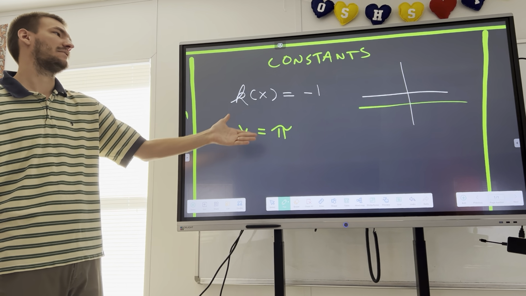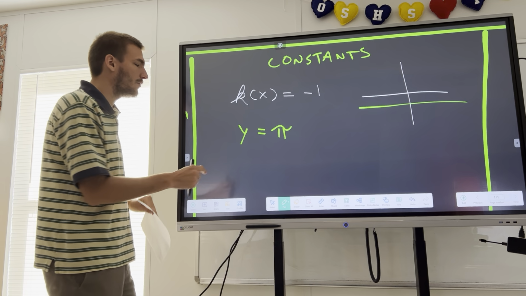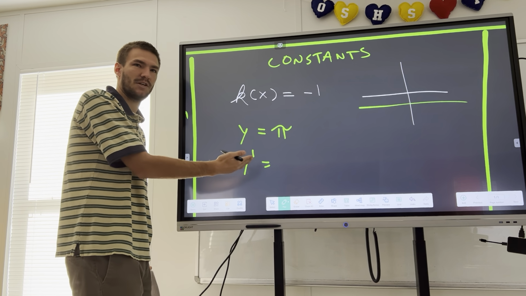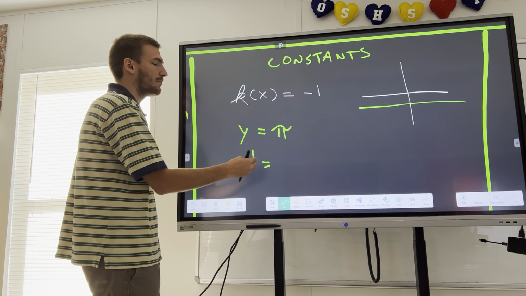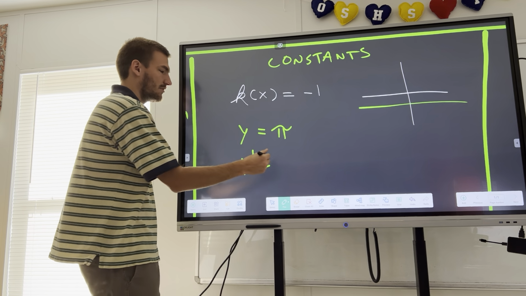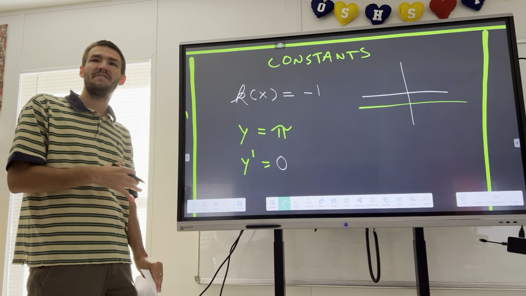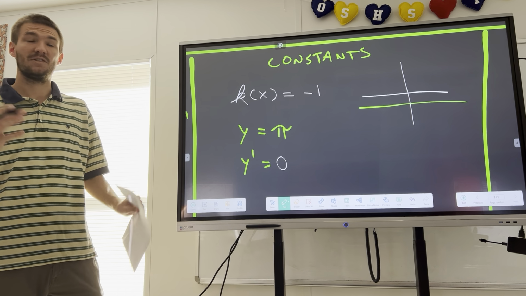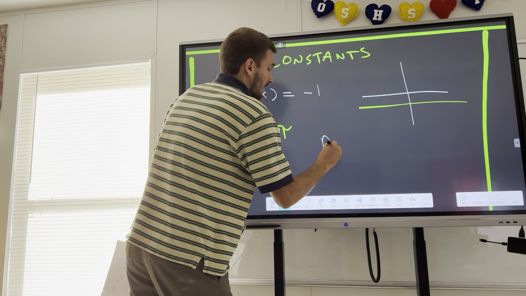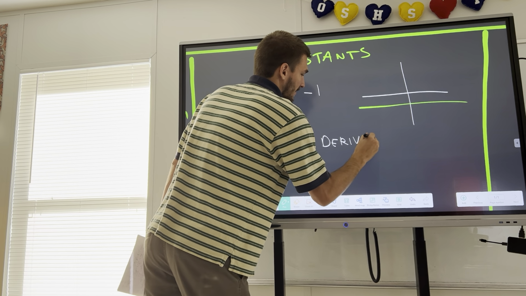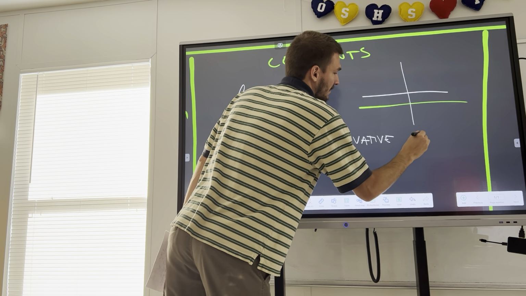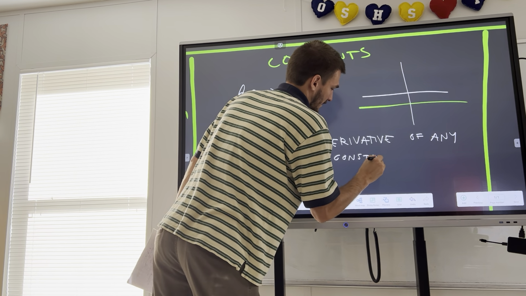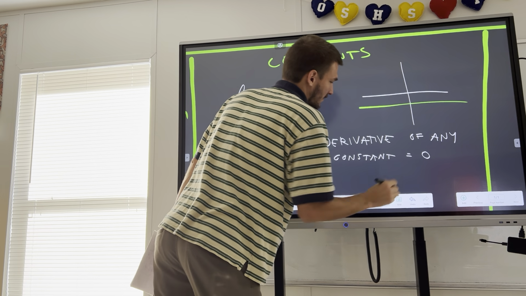It's no different than -1. And so what would y prime, another sneaky introduction of new terminology, what would y prime be? 0. Just 0. The derivative of any constant is equal to 0. If you need to write that down, derivative of any constant equals 0.